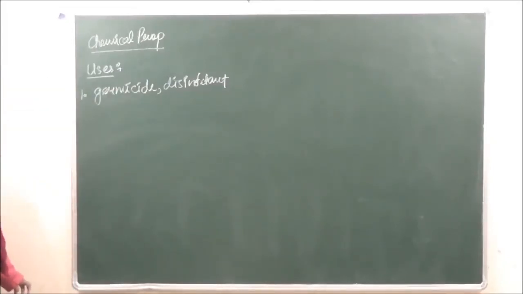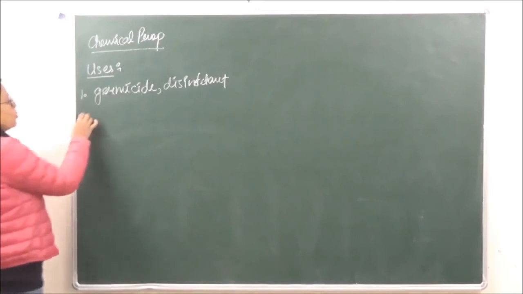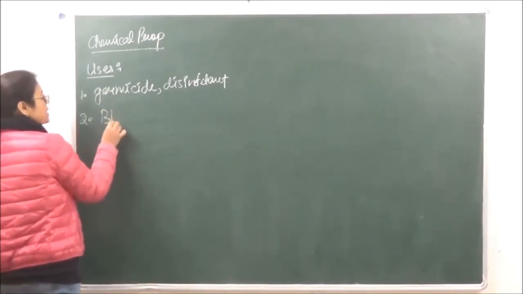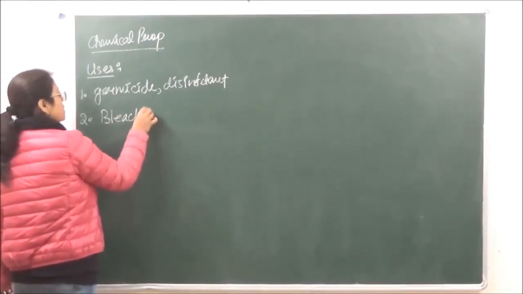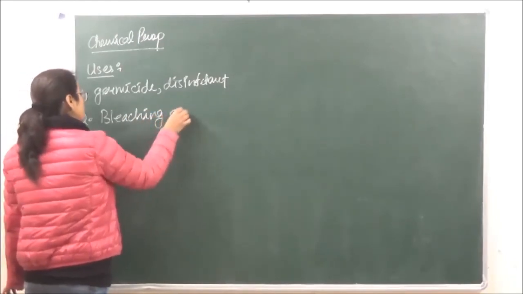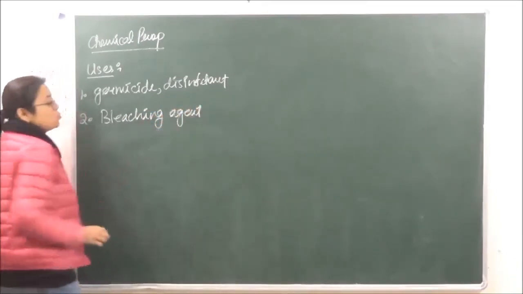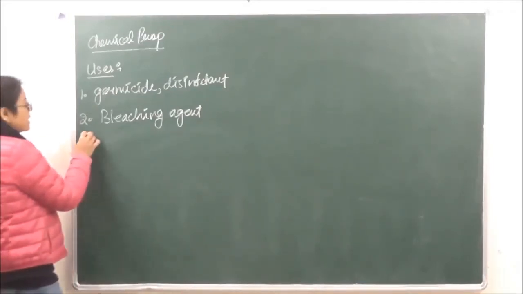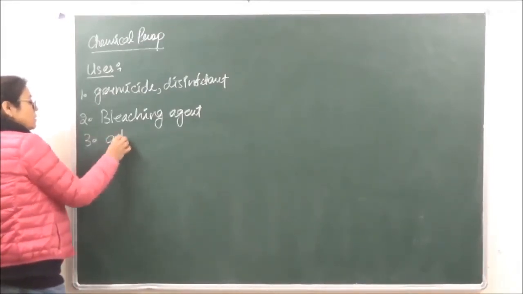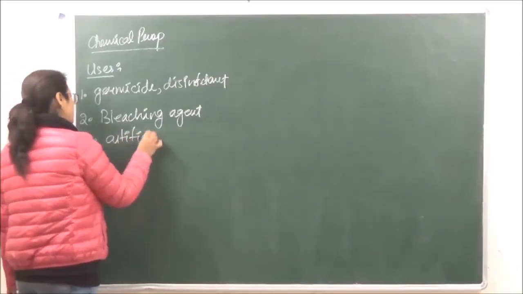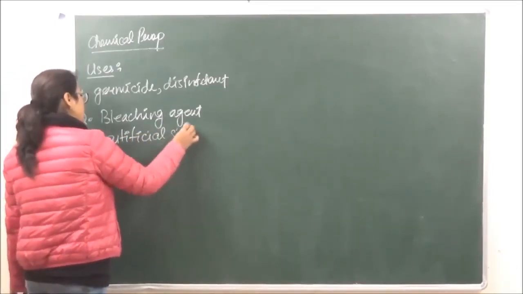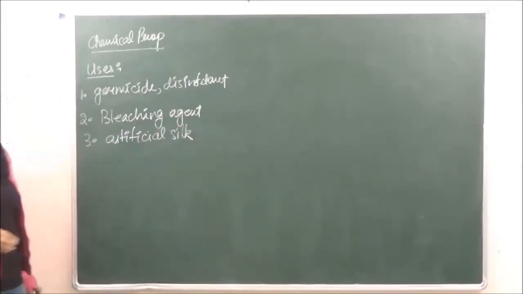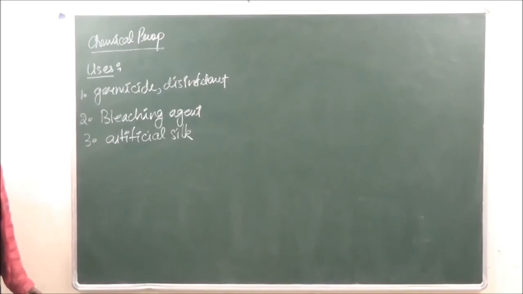Then number 2, it is used as a bleaching agent, as we just discussed. Number 3, it is used in the manufacture of artificial silk.